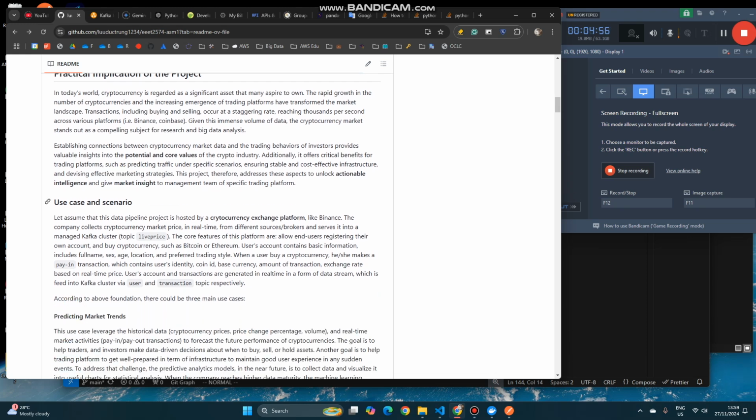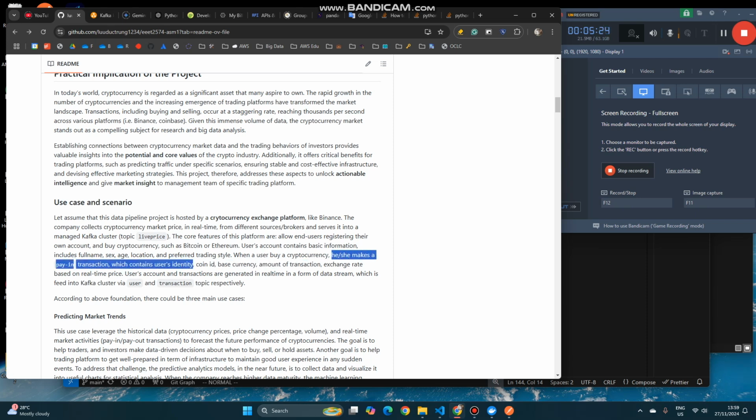So let's talk about the use case. Let's assume that this data pipeline project is hosted by a cryptocurrency exchange platform like Binance or Coinbase, and this company has core features like allowing the user to register an account, which contains the basic information, and allowing the user to buy cryptocurrency.